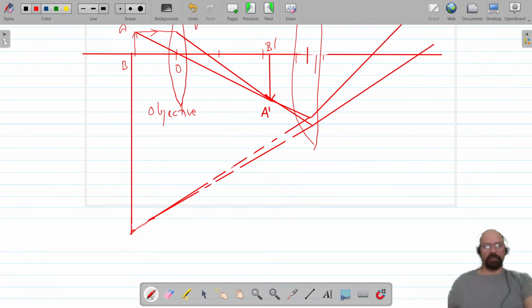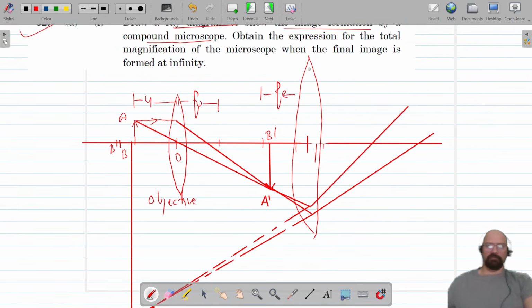So here the image is formed at the least distance of distinct vision. ये मैंने जो बनाया क्योंकि इसमें ऐसा कुछ दिया नहीं था कि रे डायग्राम किसके लिए बनाना है, when the image is formed at infinity or at the least distance of distinct vision. तो ये जो इमेज बनेगी this will be formed at the least distance of distinct vision. ये इसको आप थोड़ा सा और स्फेरिकल बना सकते हो.